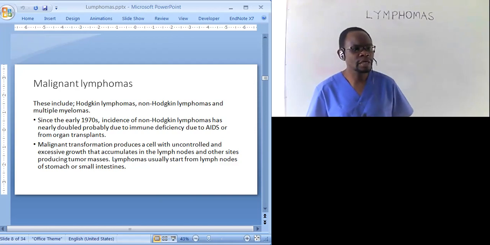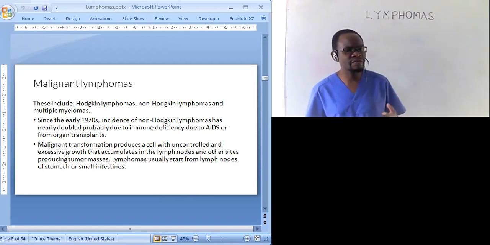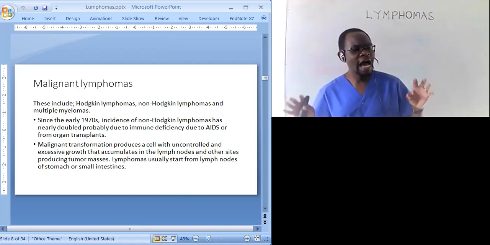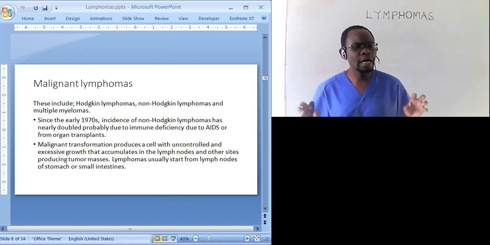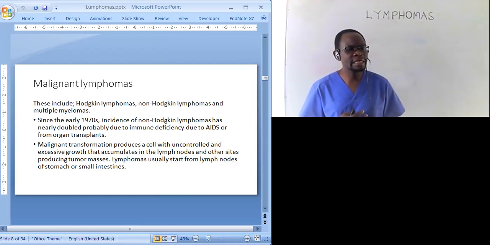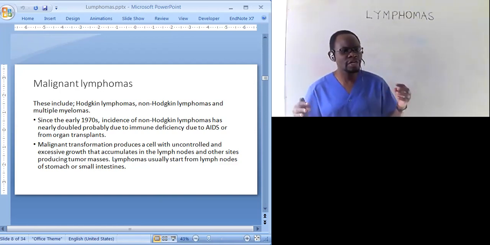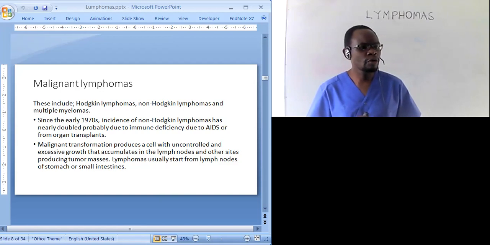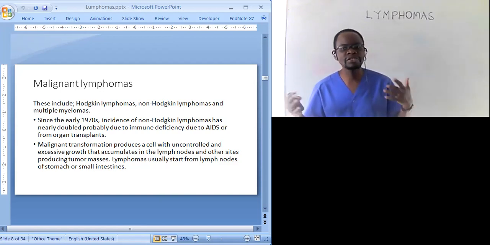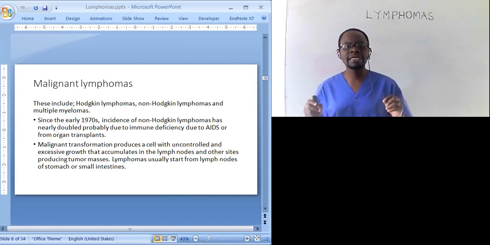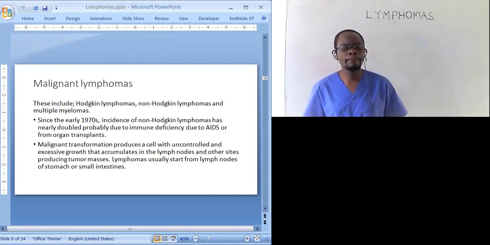This excessive growth leads them to accumulate in the lymph nodes and other sites, and they end up producing tumors. We shall note that lymphomas usually start from the lymph nodes of the stomach or even small intestines, and that is typical of non-Hodgkin's lymphomas.